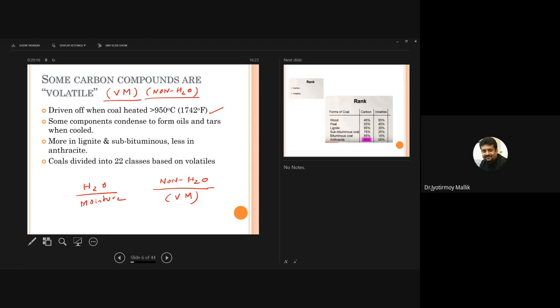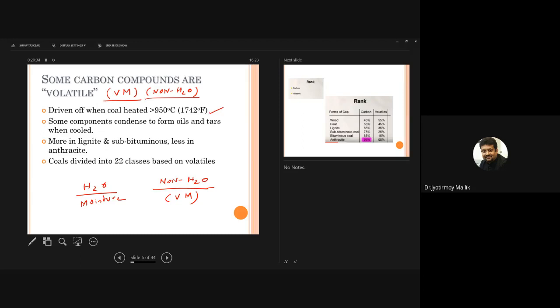So with the maturation process, coal essentially loses this volatile matter from its structure. So an anthracite will contain less volatile matter than a subbituminous coal. Right?